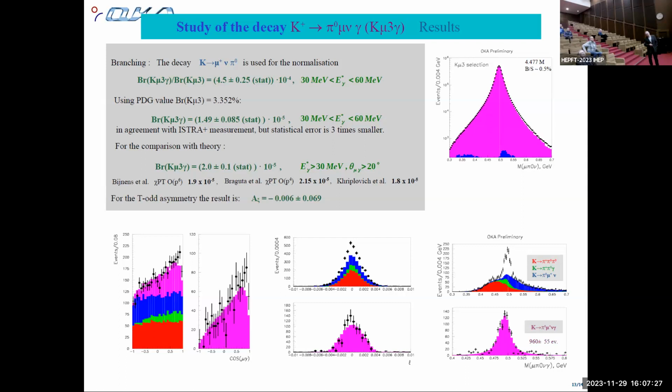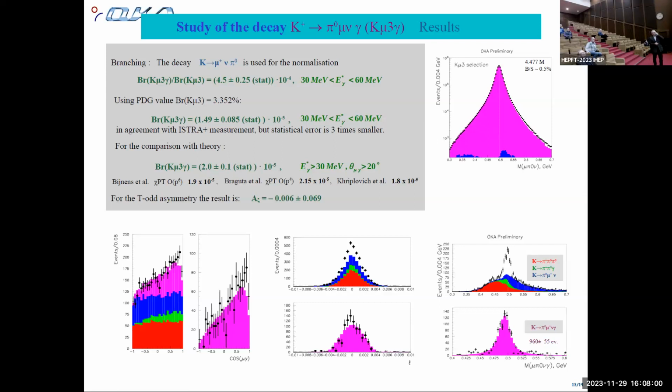And you see the background is rather small. So we get first the ratio of branchings of radiative K-3 to K-3, and then using the PDG value for the branching of K-3, we can calculate the branching of radiative K-3. Here is the result, and with this cut, it's 1.5 times 10 to the minus 5.